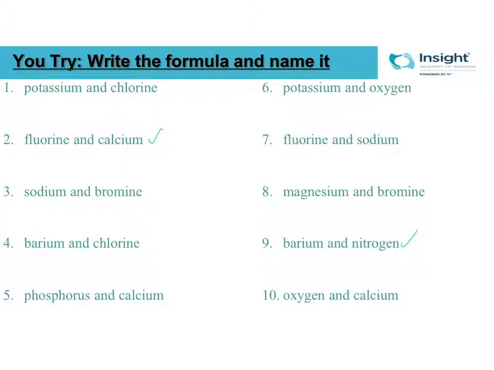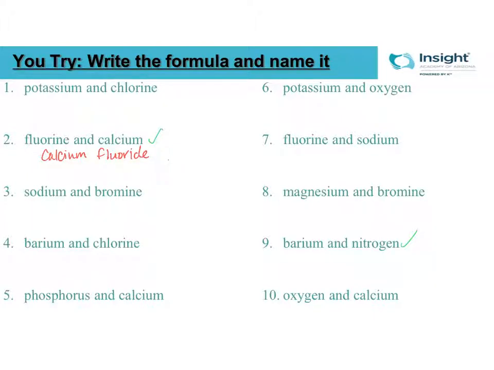All right, so to name these, the naming part's pretty easy. First, figure out which one's your metal. That's going to be your calcium. So the name is going to be calcium, and then I'm going to write fluor, but instead of "ine" at the end, it's going to be "ide."